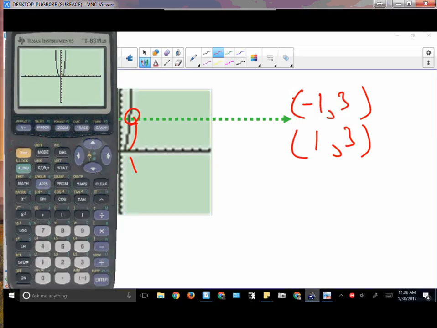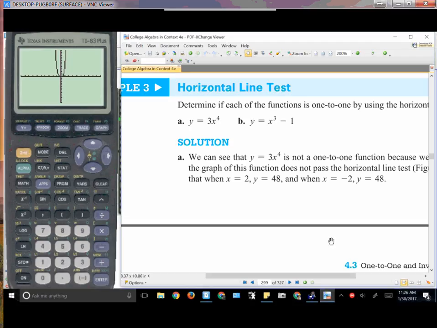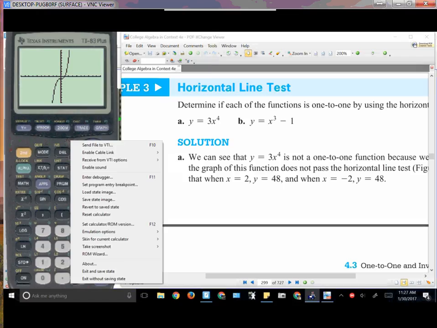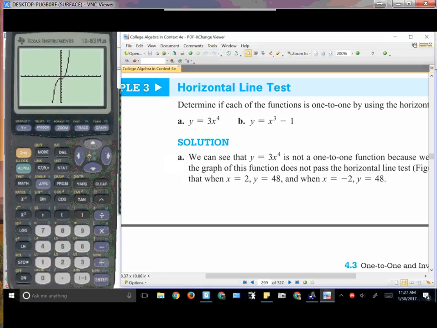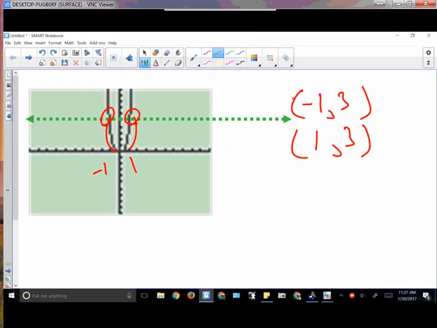So now if I go back and I take a look at the graph that they give me here, they want us to do x to the 3rd power minus 1. So if I graph that, I got that. Screenshot, let's see, here, and I go paste.